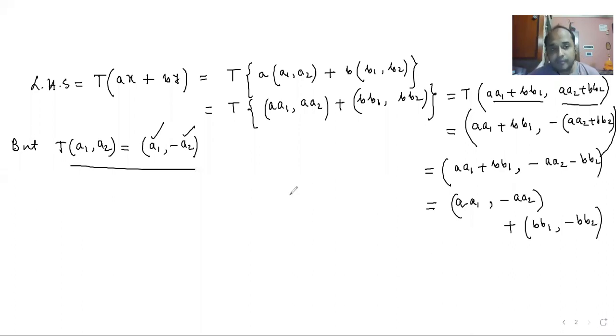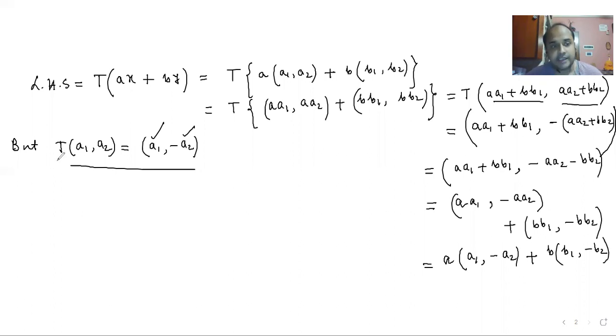Okay, and by the scalar multiplication property I can take a common and write it as a into (a1, minus a2) plus, taking b common, b into (b1, minus b2).